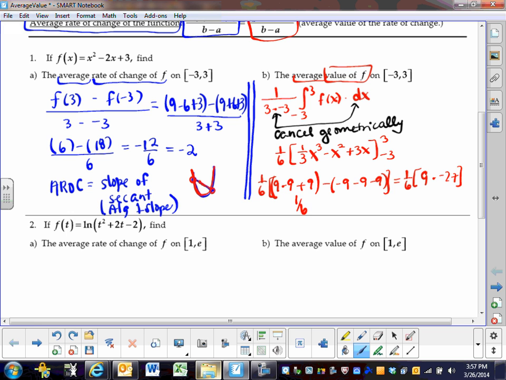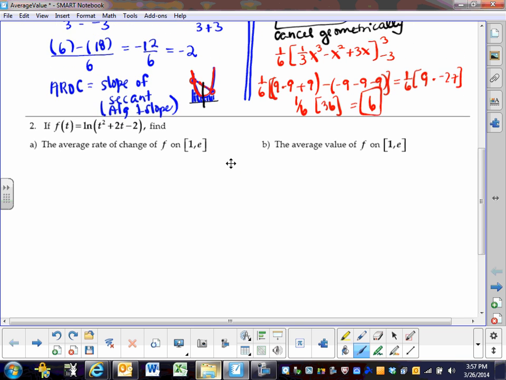So 1/6 of 36, or 6. So what this is saying is with the exact same function, the average height of the function, how tall the function is, is 6. That's not the area anymore, it's just how tall the function is on average.